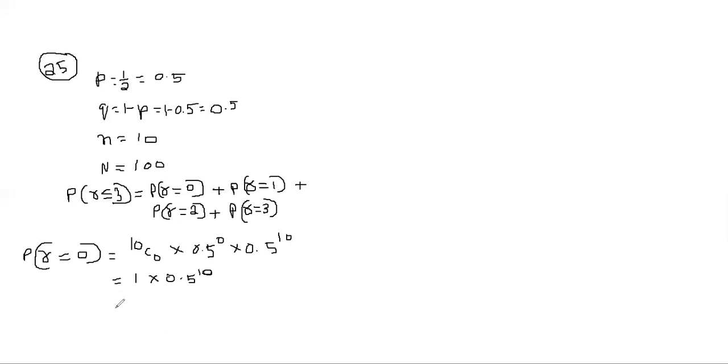So 1 into 0.5 raised to the power of 10. What is the answer? 0.000976. We'll take up to 97. So you will get 0.00097 as P of R equal to 0.